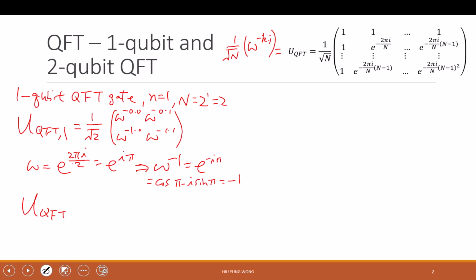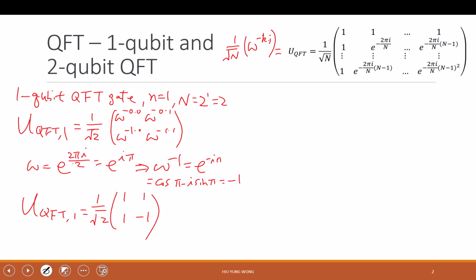U_QFT for 1 qubit equals 1 over square root 2. What is the first element? Omega to the power 0, which is 1, thank you. How about the second one? Also 1. This one? Also 1, as we generally showed here. It must be 1 in the first column and first row, no matter what the dimension is.